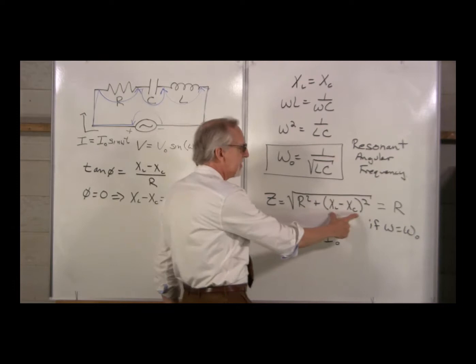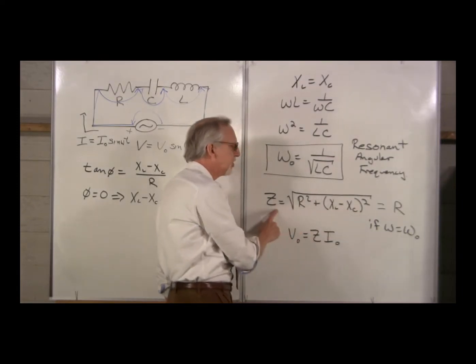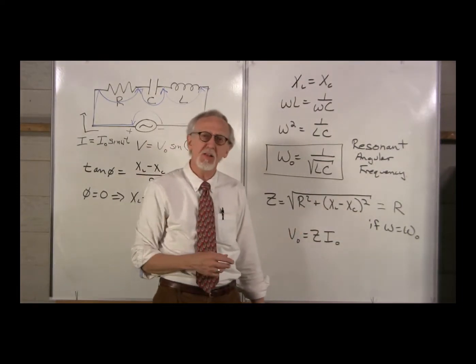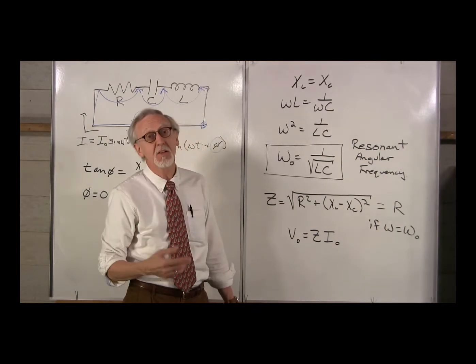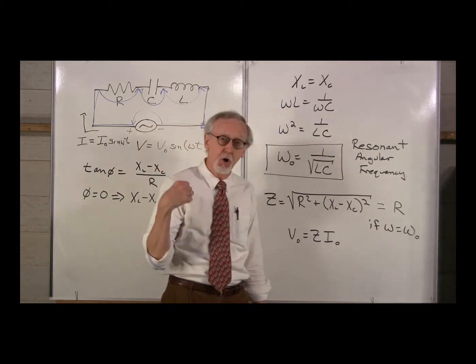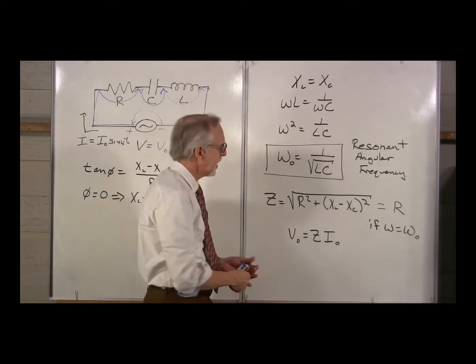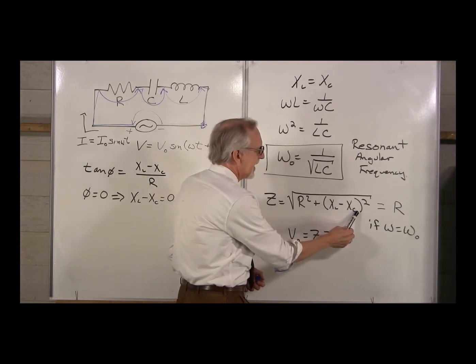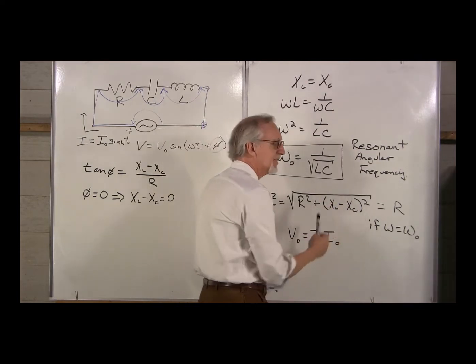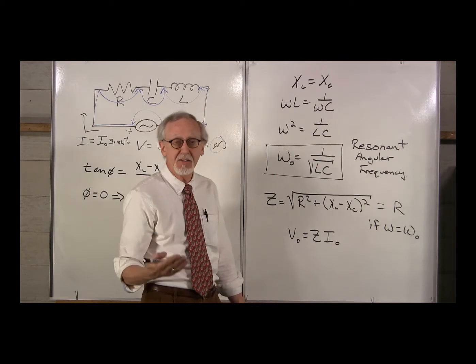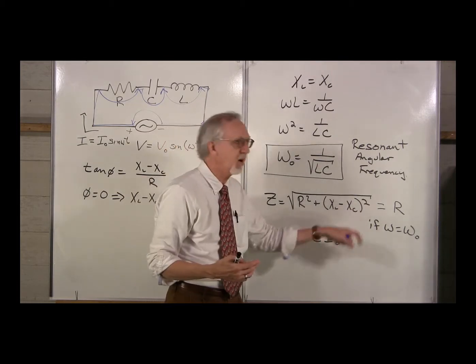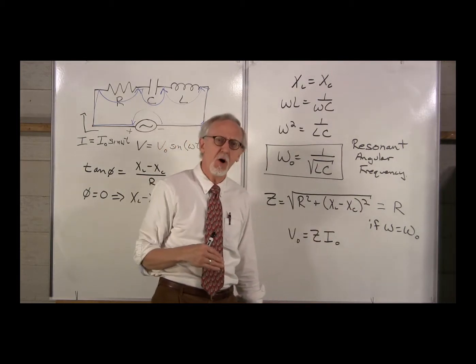We've made this term 0 and reduced the impedance to the smallest value possible, the smallest value that can be achieved by only changing the frequency. We've got XL minus XC, quantity squared. That has got to be either a positive number because it's squared, or 0. 0 is the smallest value it can be.